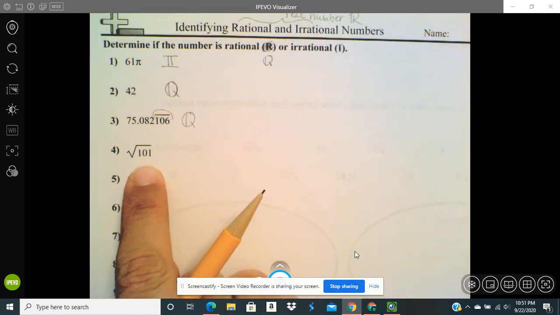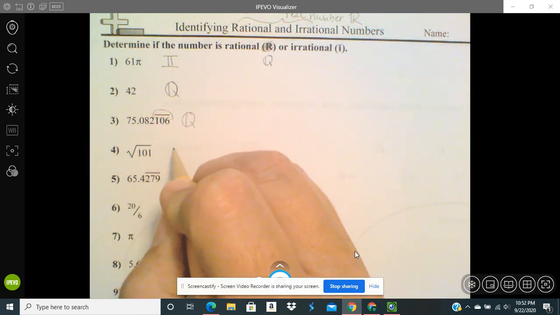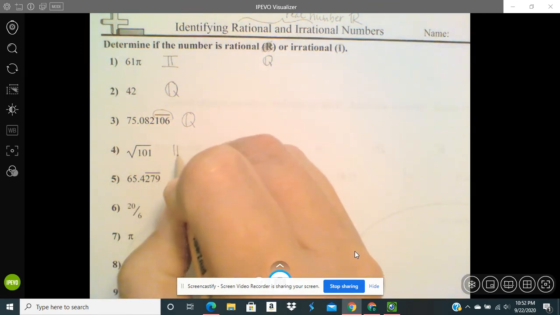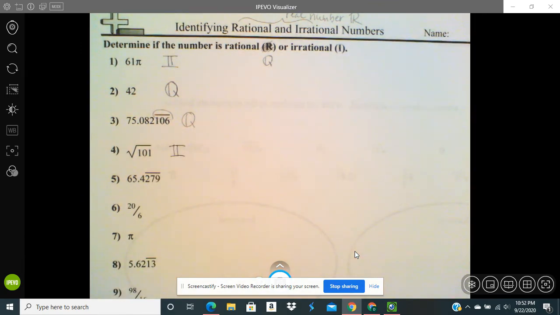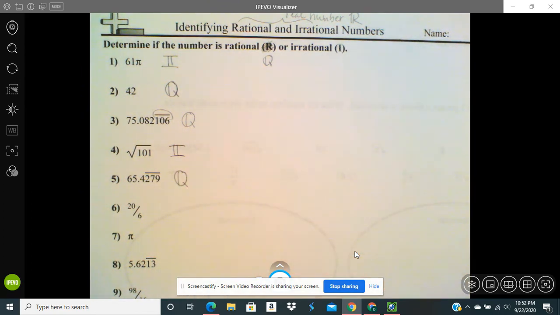The square root of 101, if I put that into a calculator, I would get a whole bunch of decimals, and they would be non-repeating, non-terminating decimals. So that's irrational. Again, a repeating decimal, rational. A fraction, rational. Pi, irrational.